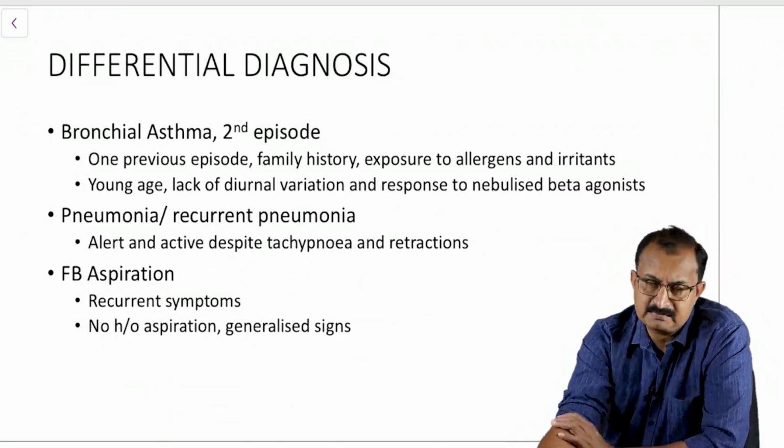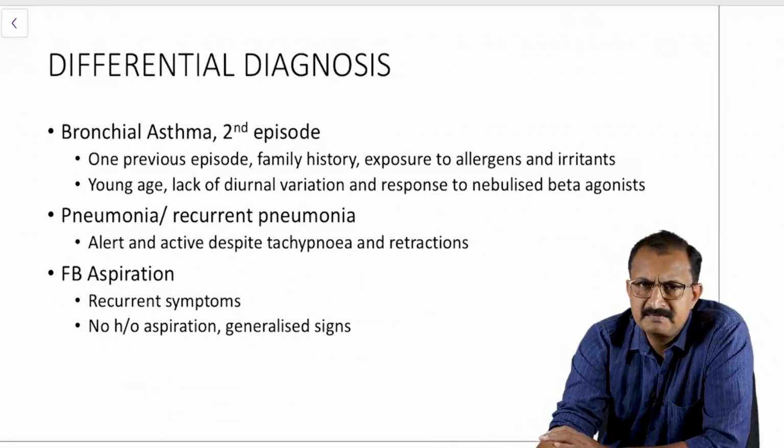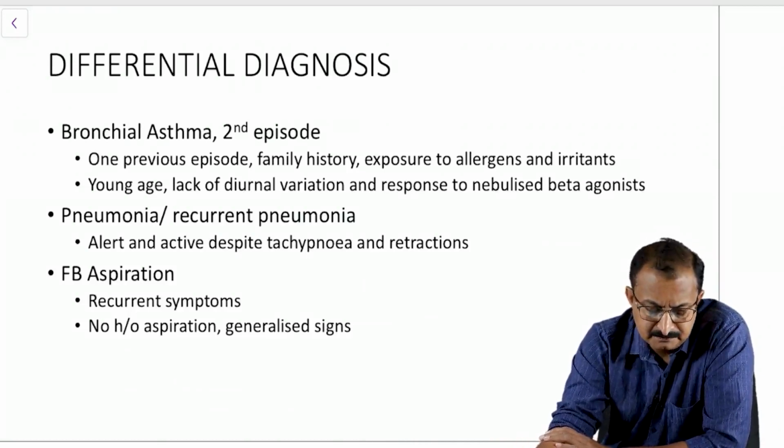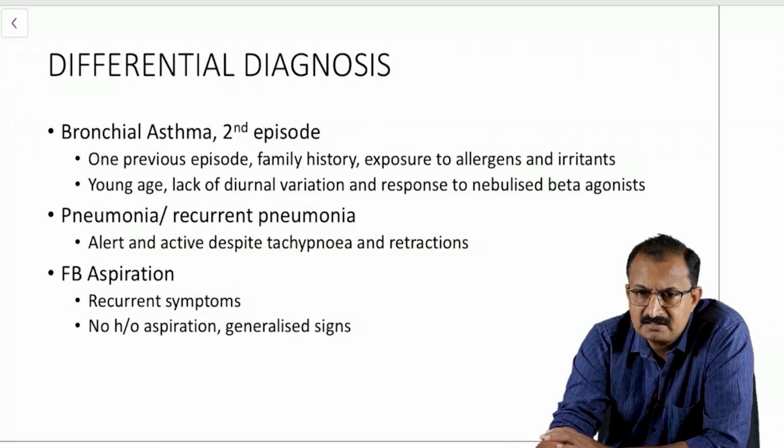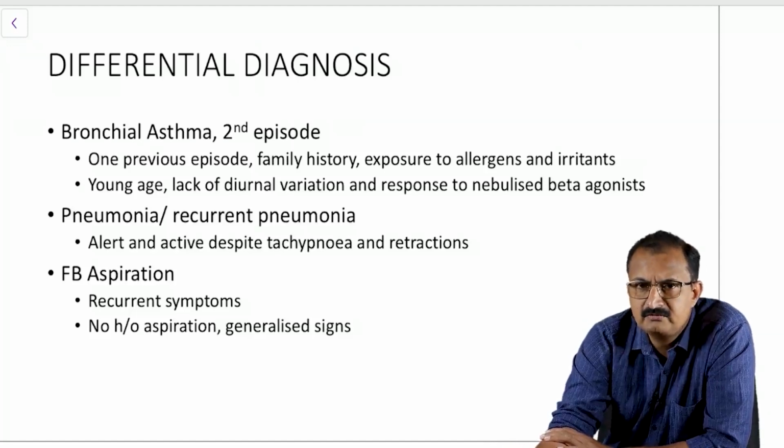One is bronchial asthma. So here this baby had similar symptoms 2 or 3 weeks back, and there is a total symptom free interval in between. So in asthma usually you have recurrent episodes with the symptom free intervals, but usually asthma is not diagnosed in infants, usually at an older age group, and again usually you get a diurnal variation.